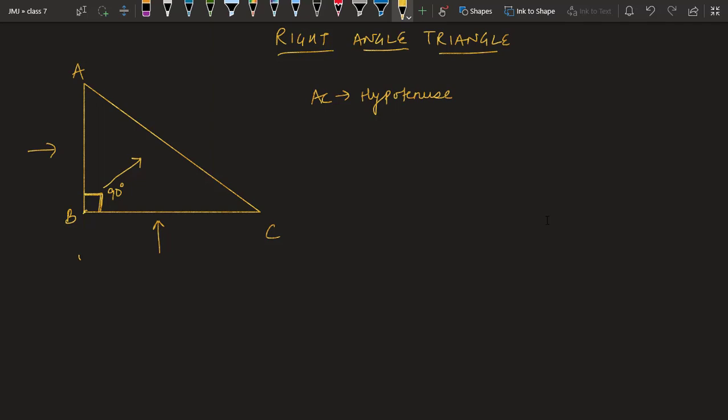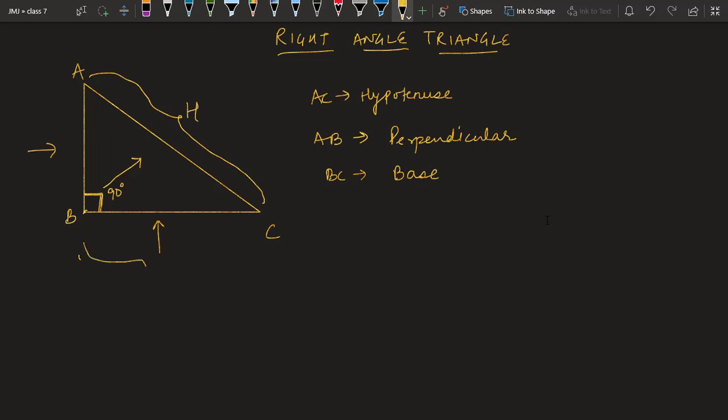We can say AB as perpendicular and BC as base, because it looks like it is standing on this BC base only, but you can change them also. You can say BC is perpendicular, AB is base, that is also okay, but this longest side is fixed. This is always the hypotenuse.